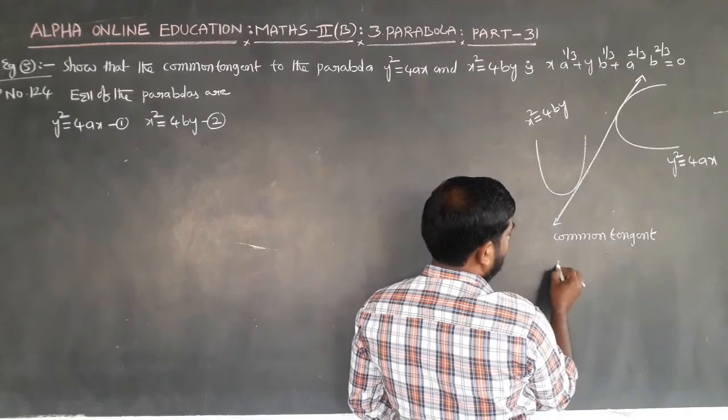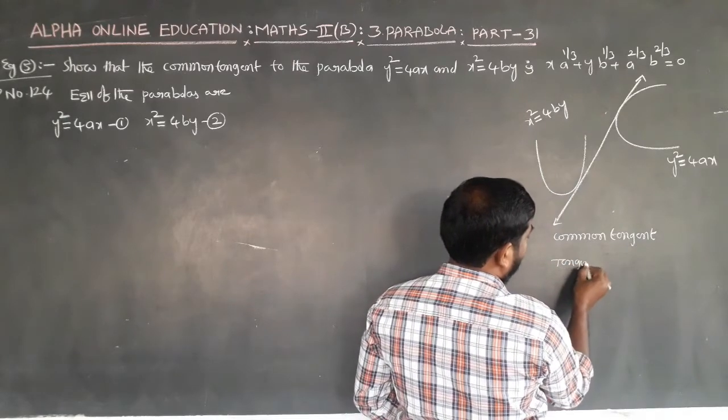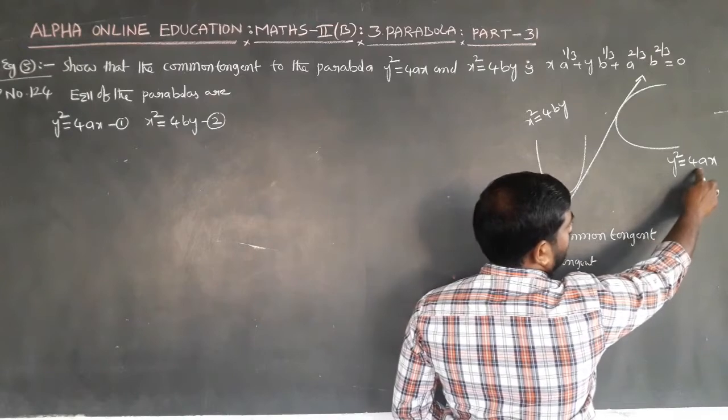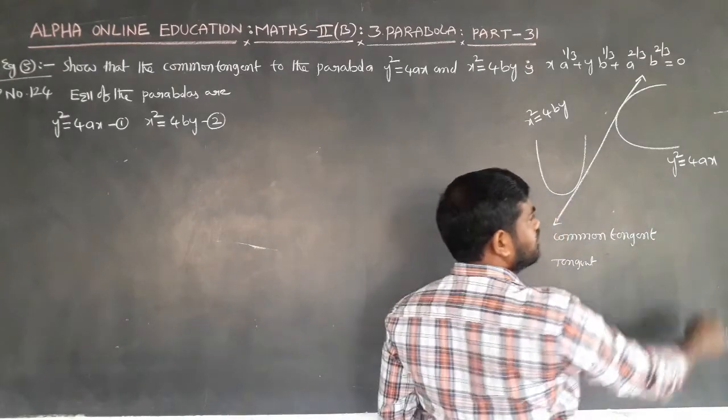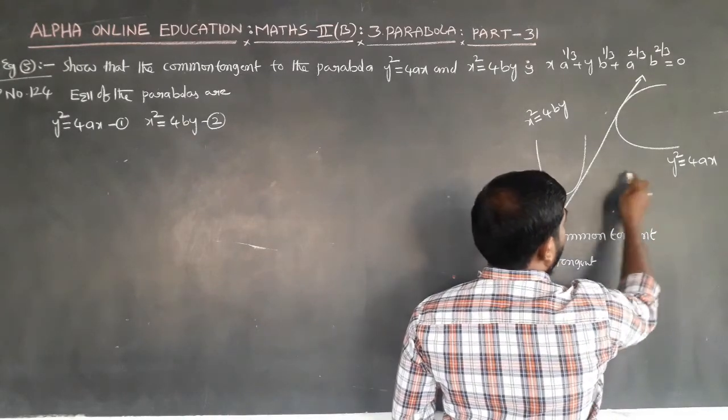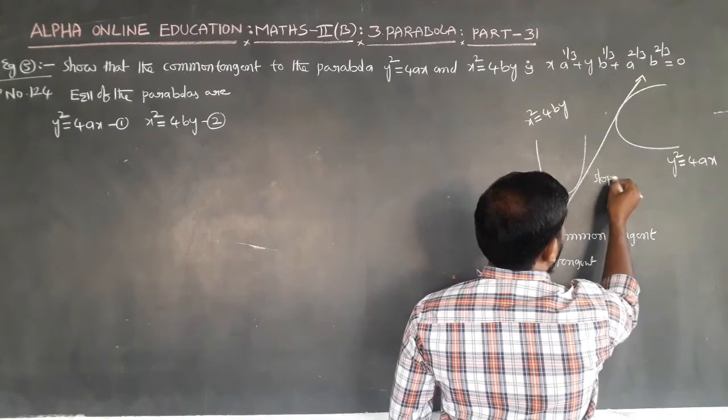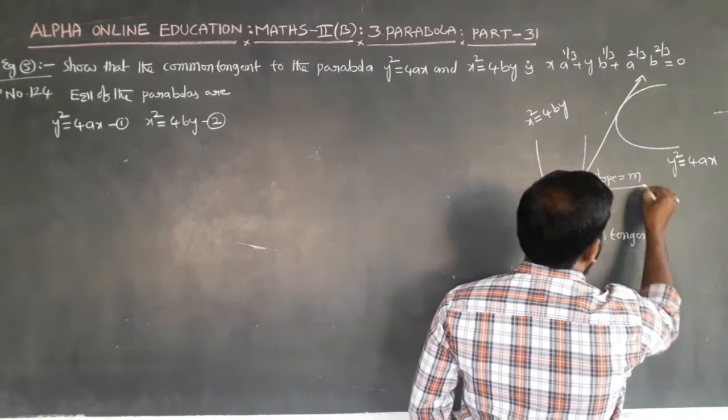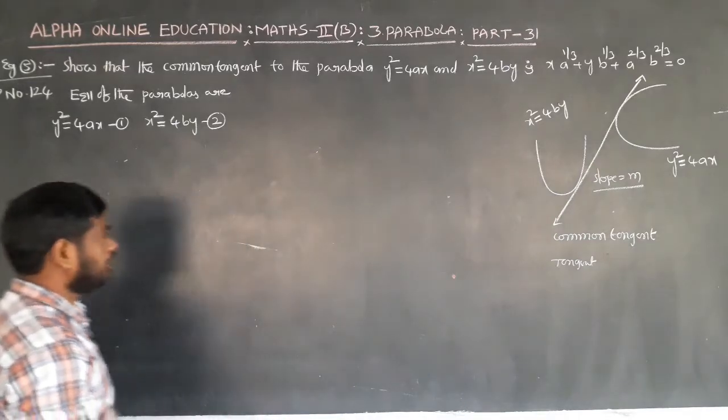Find the equation of the tangent to the parabola y square is equal to 4ax having slope m.